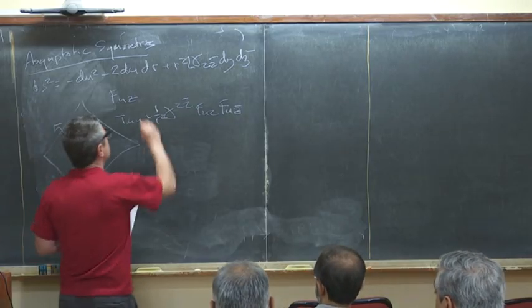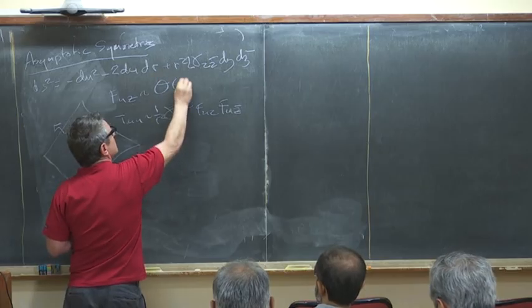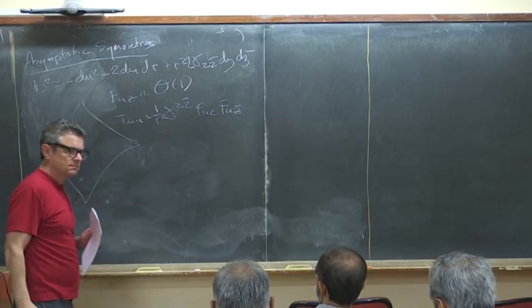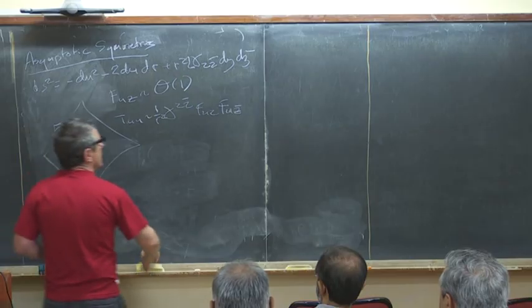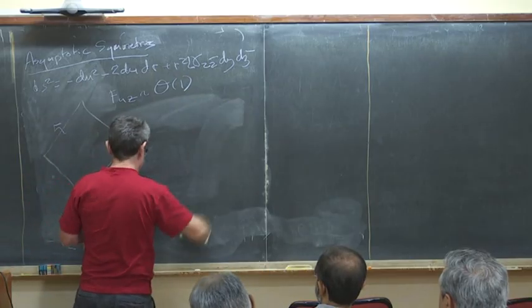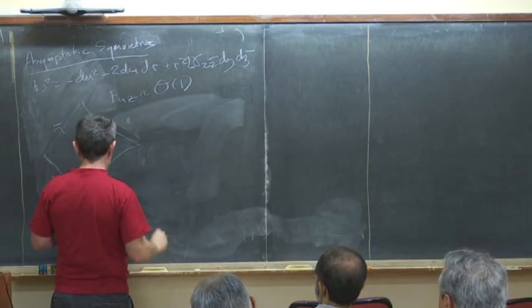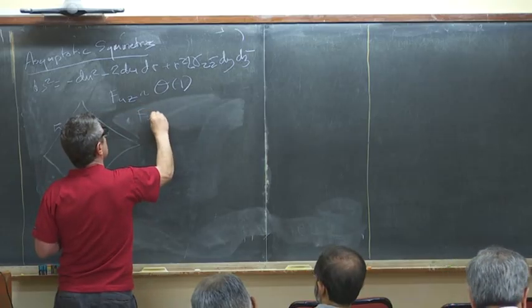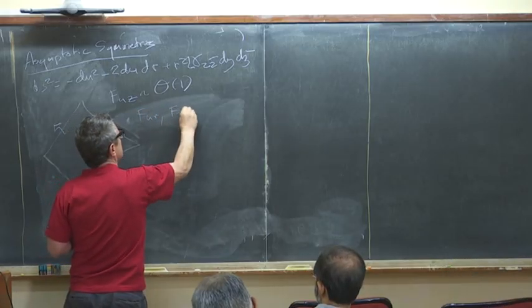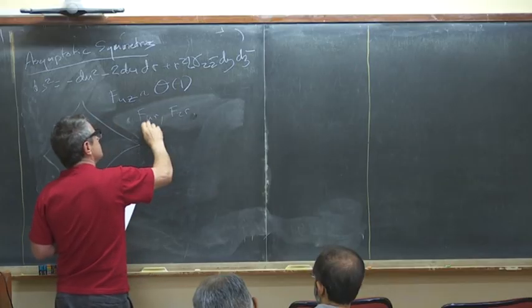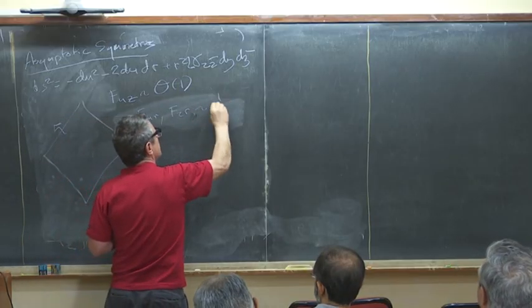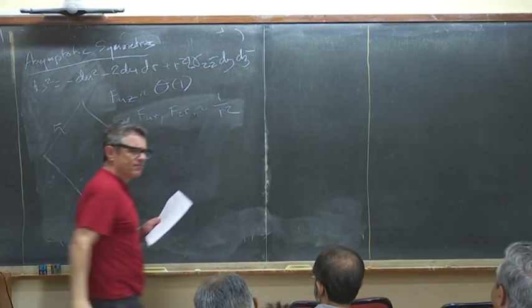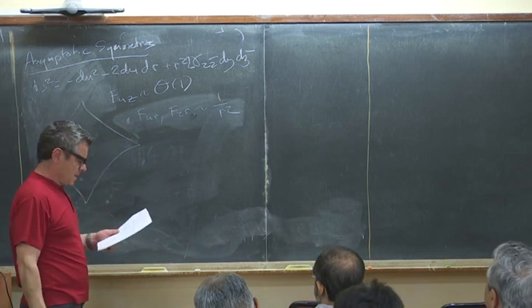So you expect F_uz to be order 1. And similarly, F_ur and F_zr, this is like the electric field, you want that to go like 1 over r squared for finiteness of energy.